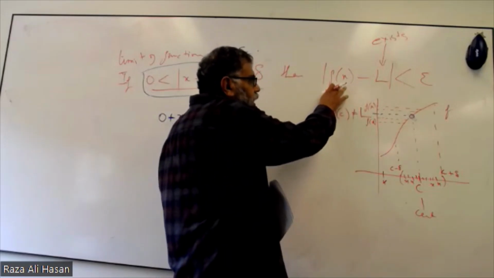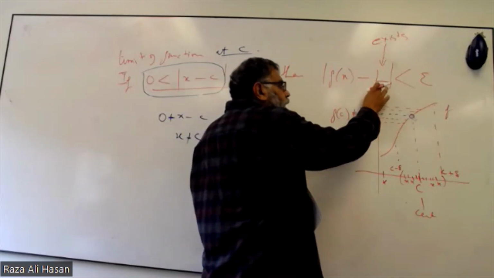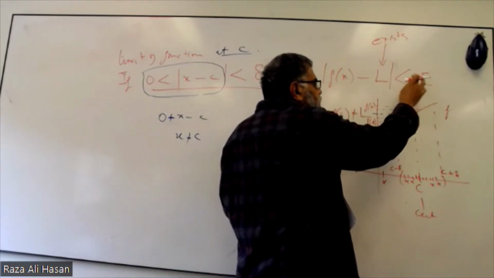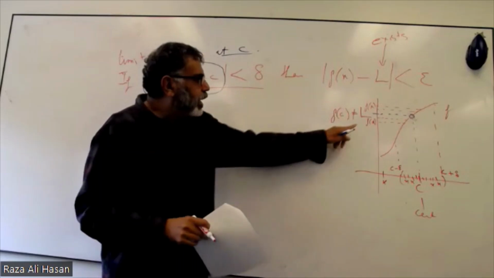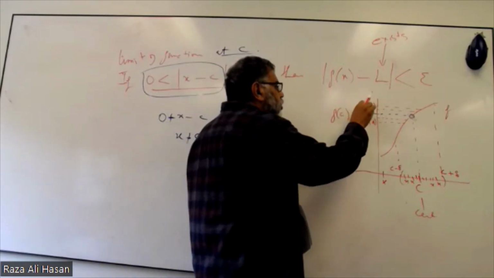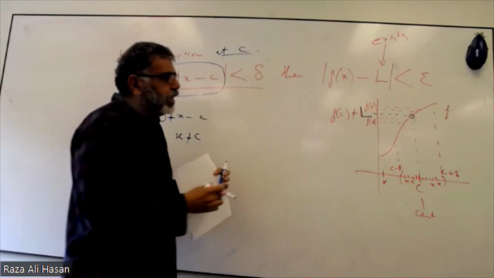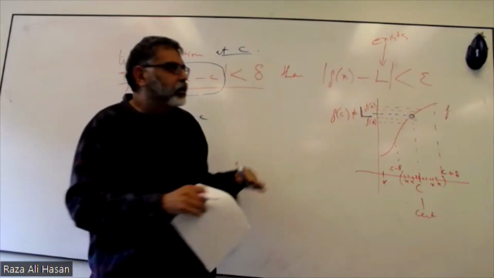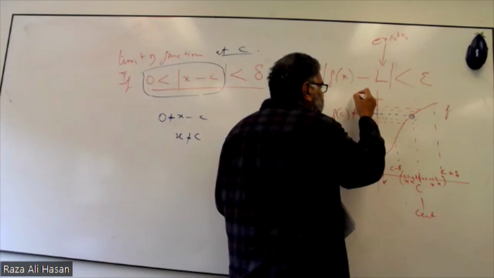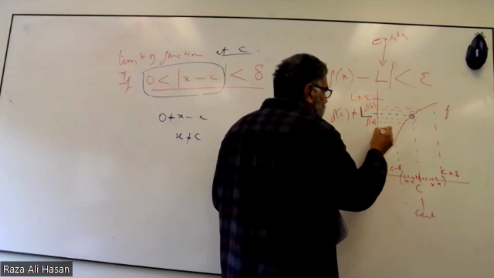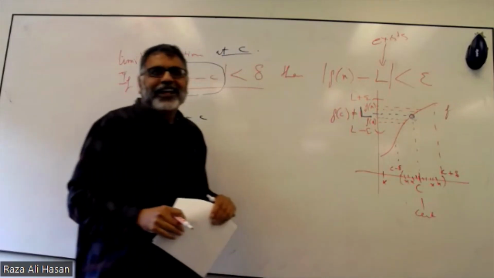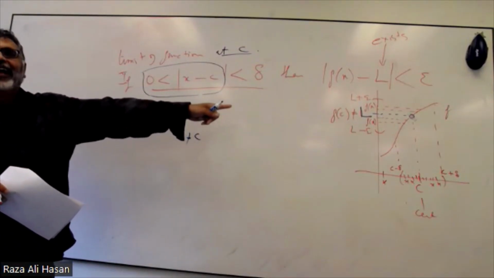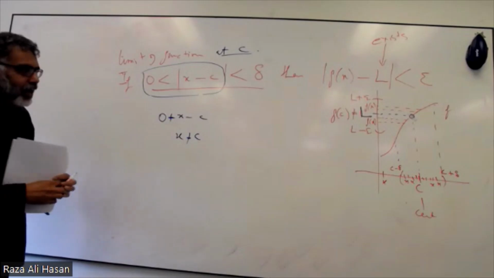All the f(x) values are near L because all the f(x) values are within epsilon distance of L. Here's our L. Let me do this in blue. How do we say that? What is missing here? Very good, Sophia just said it. Is that right, folks? Are we good? Yes? All right, next. I've got to move on.